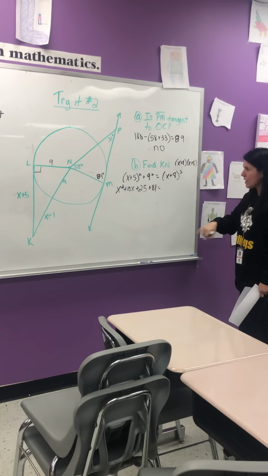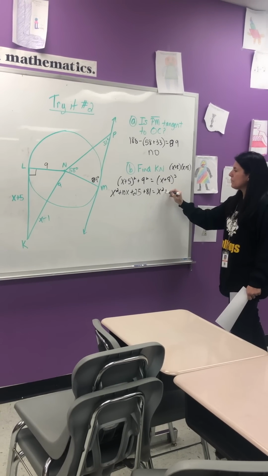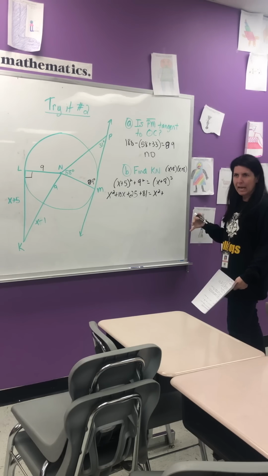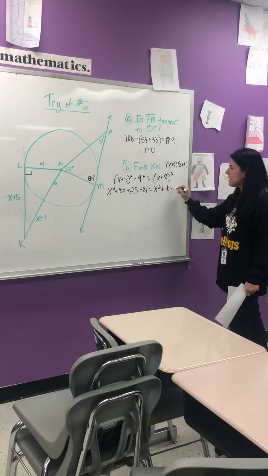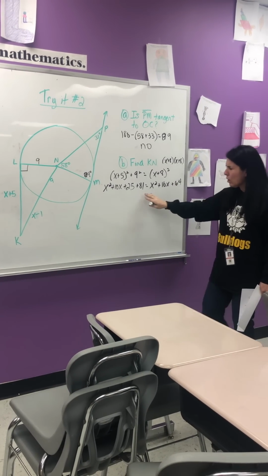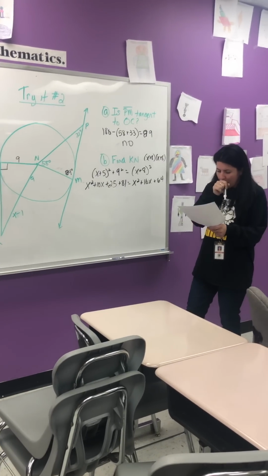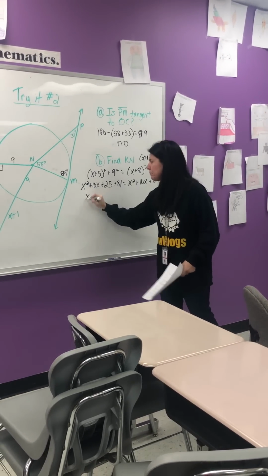I'm doing this quickly because we're recording, to make it go a little quicker. That's my first. My outers and my inners both give me 8x. When I combine them, I get 16x. 8 times 8 gives me 64. On this side, when I clean this up, 25 and 81 gives me 106.